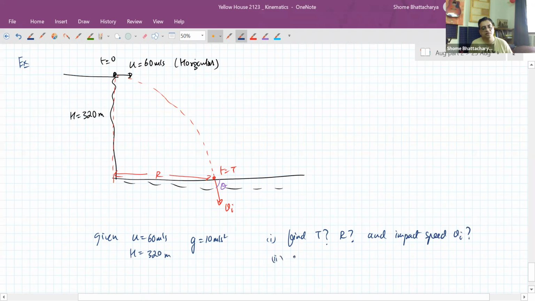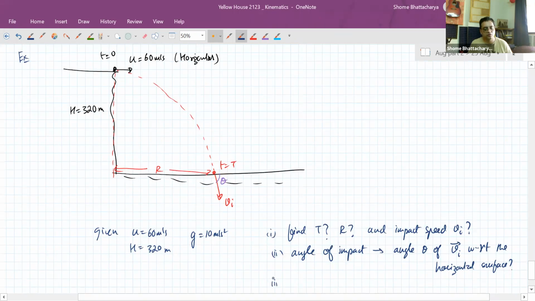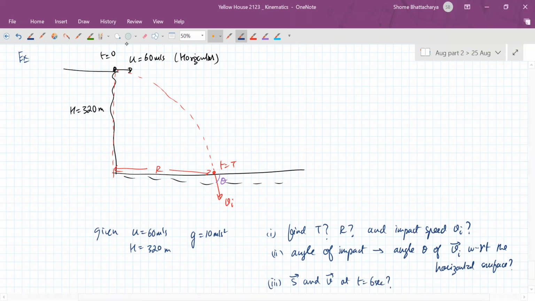We have to also find the angle of impact, that is the angle theta of the impact velocity with respect to the horizontal surface. And let's add one more part to this, to also find displacement and velocity at t equal to 6 seconds. So just work this question out. It involves all the aspects of calculations related to this case.